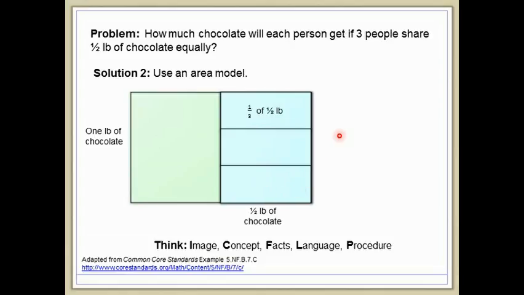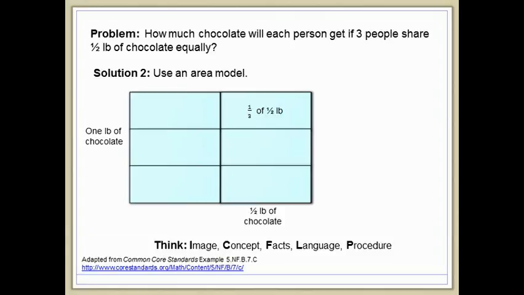The question is, however, what part is this portion of a pound? The question implicitly asks how much. They're talking about how many pounds of chocolate each person gets. So to do this, we need to break the rest of our chocolate, this other part, into equally sized pieces as well, to see then that out of the pound, one of these portions represents 1/6.